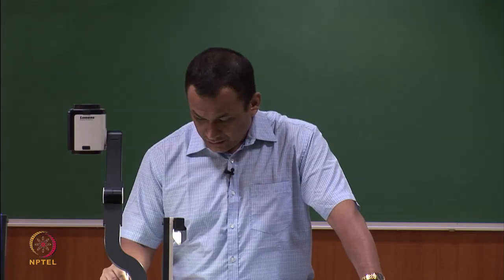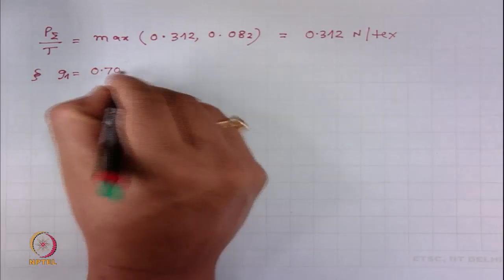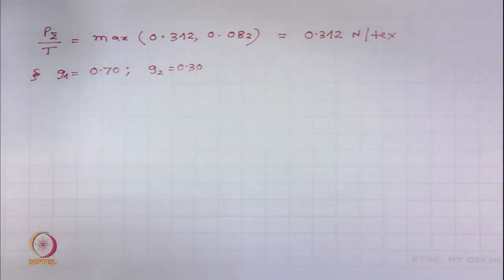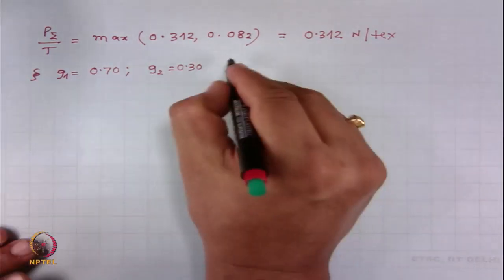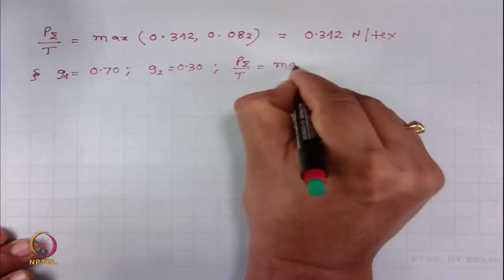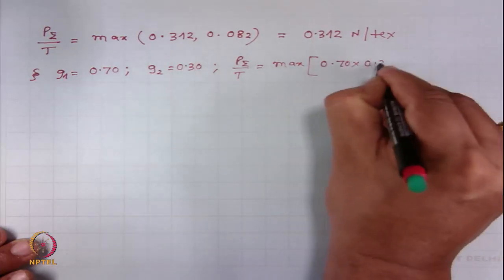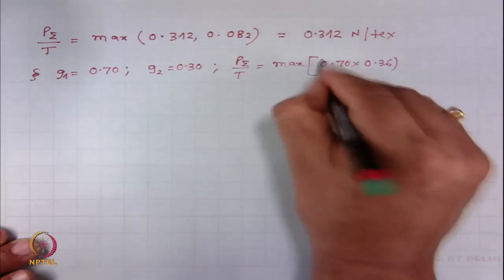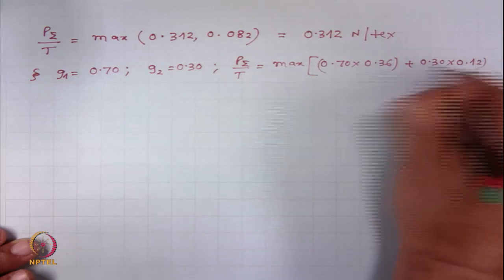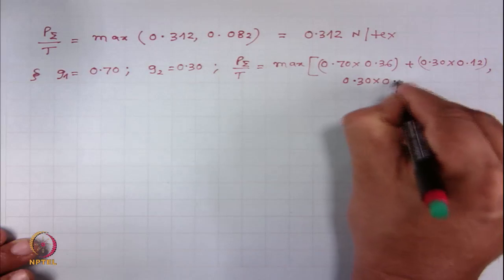Fourth, let us consider G1 is 0.70 and G2 is 0.30. What will be the bundle tenacity? Max of 0.70 into 0.36 plus 0.30 into 0.12, comma, 0.30 into 0.41.